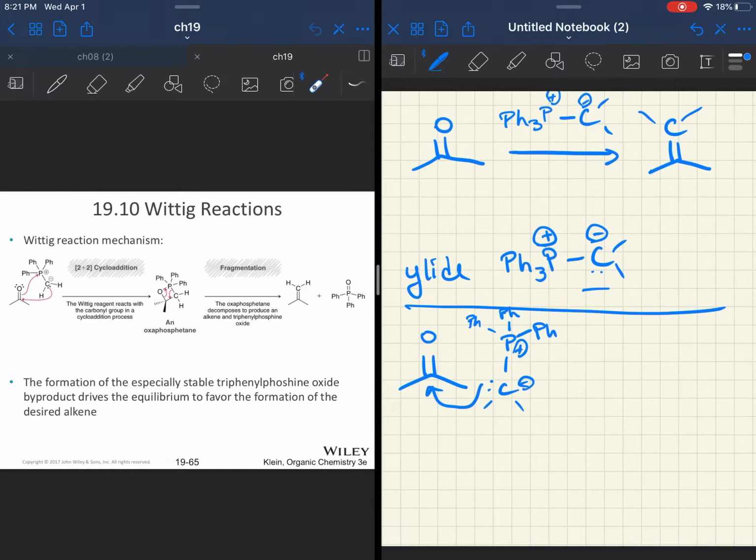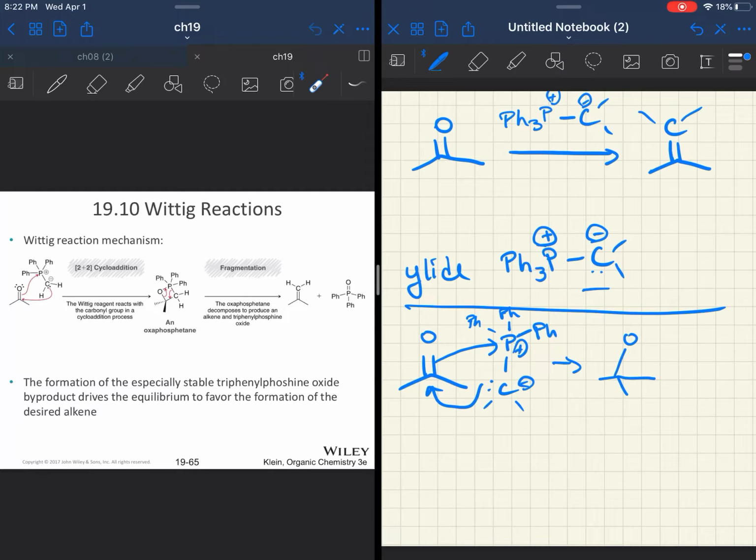If we're looking at it like this, it's going to come from the lone pair on the carbon. Now, we can't have 5 bonds on the oxygen, but instead of making a tetrahedral intermediate here, because that carbon is attached to that positive phosphorus, that pair of electrons from the pi bond just goes into that empty p orbital on the phosphorus.